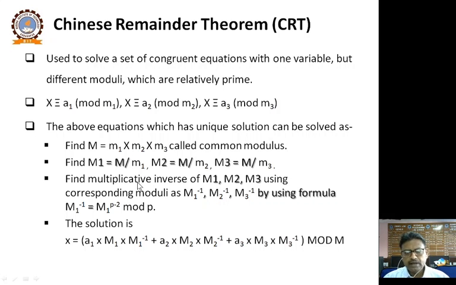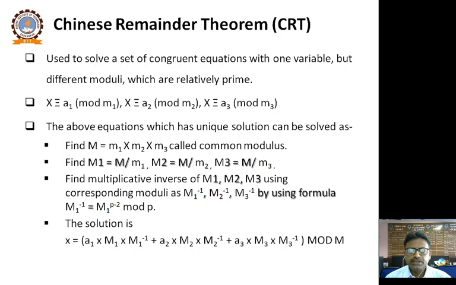After these three steps, we find the solution: x is equal to a1 into M1 into M1 inverse plus a2 into M2 into M2 inverse plus a3 into M3 into M3 inverse, mod M. Whatever value we get after doing mod M will be the value of x.